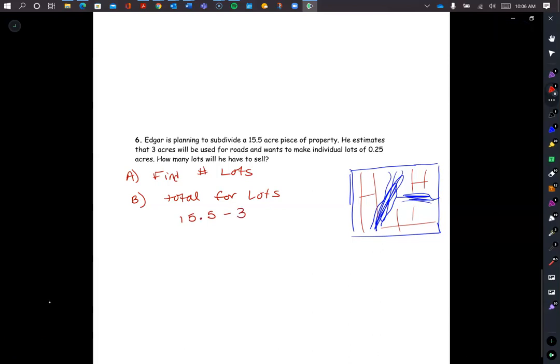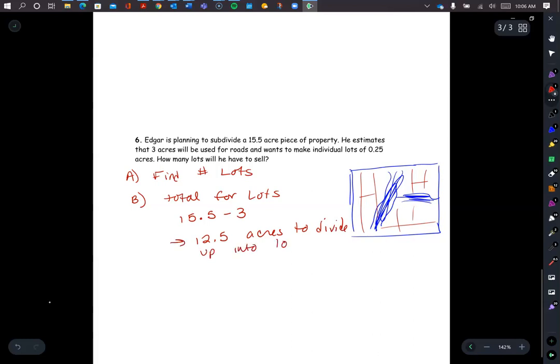So in that case, now we have 12.5 acres to divide up into lots. Okay, so that's kind of hashing out my plan. I'm making some phrases. I can also kind of put it into a number sentence there, right?